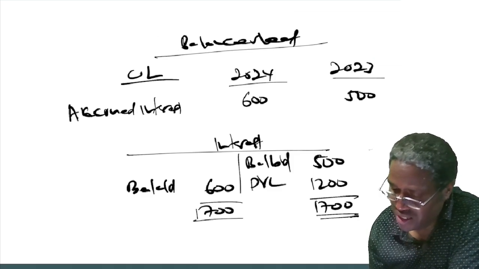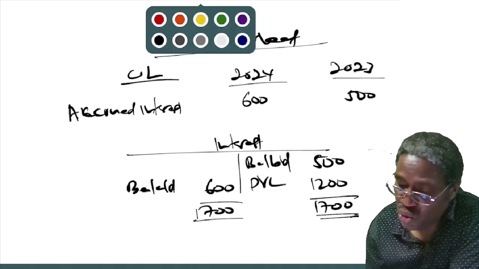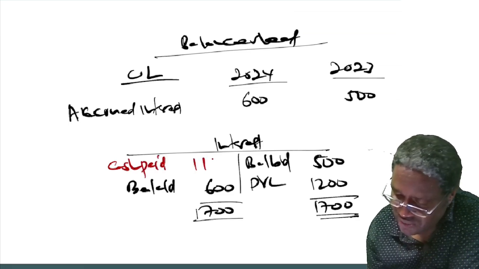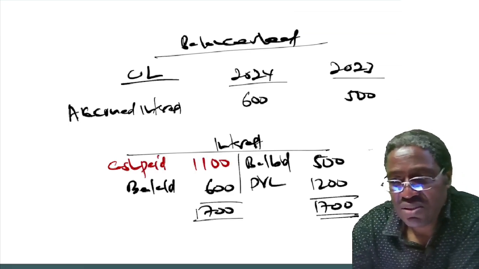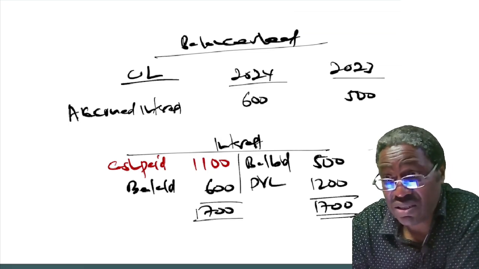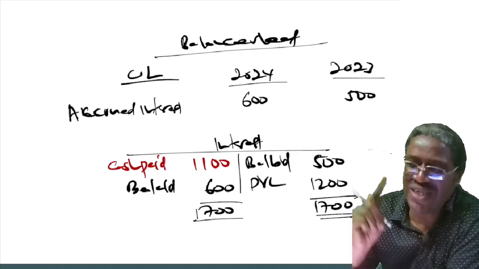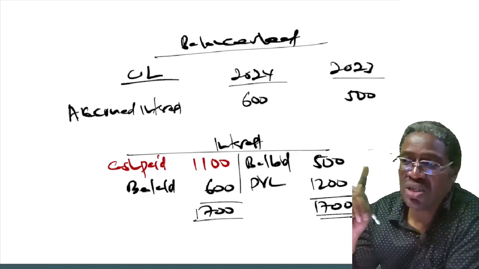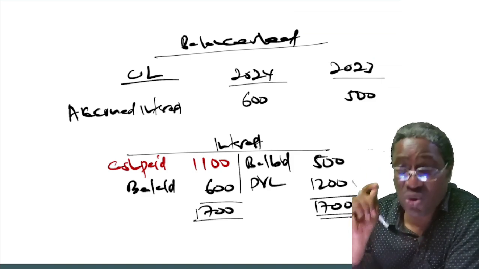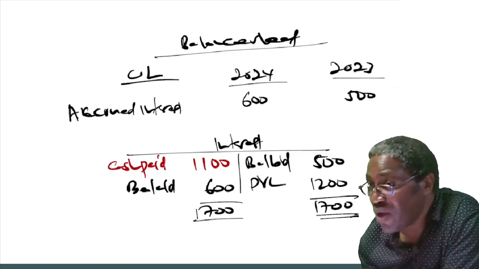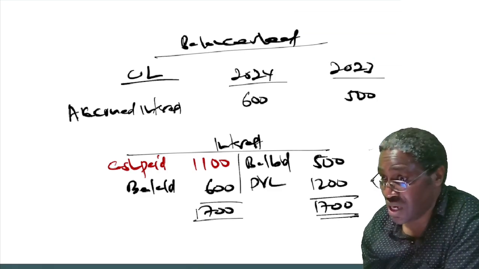In this case, this will be 1,100. So you would have come and said here, cash paid 1,100. That's what you would have done. Listen, if you went to the balance sheet and you saw in the current liability section there was accrued interest, then it will force you to open the account called interest account.